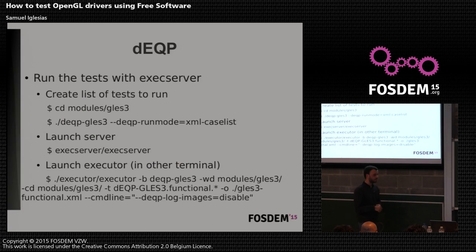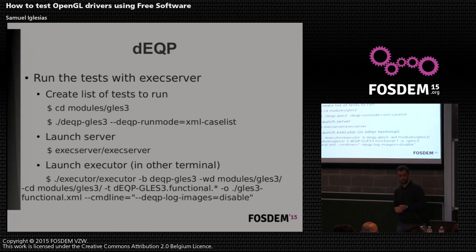Then, once you have that, you launch the execution server, and in another terminal, you run the executor client. The executor receives different arguments. The first one is which binary is going to run. Following the example, it is the OpenGL ES3 test, the same binary that we used before. Then, where is it going to find that binary? So we specify the working directory.